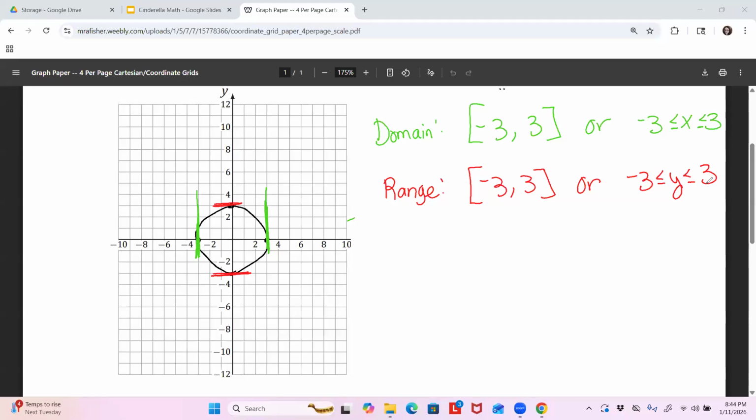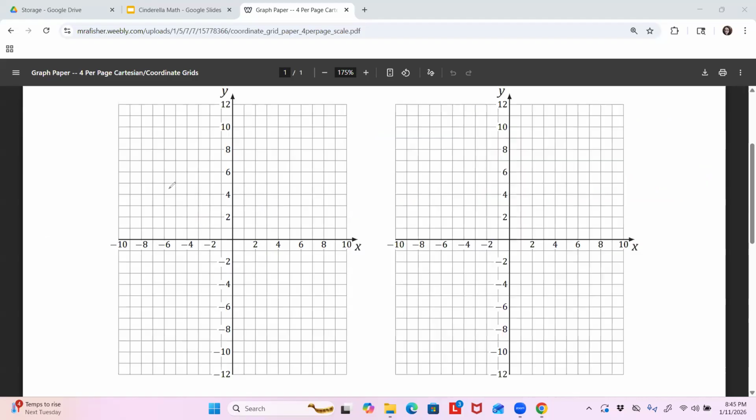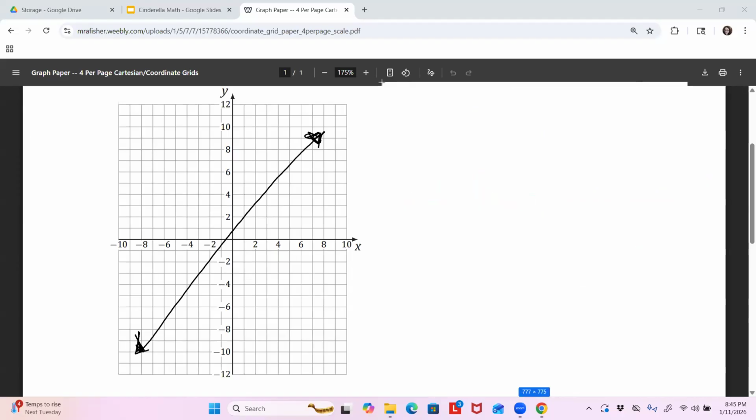All right, now we'll go on to the truly tricky part here, is where the function goes on forever, or the relation, whatever. So let's talk about just a line, any old line, arrows on both sides. This is where people get stuck, and it's understandable, it's hard. Domain, you're still going to put your eyeballs on there and look left to right.